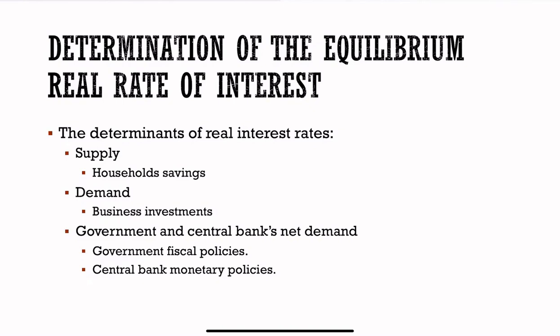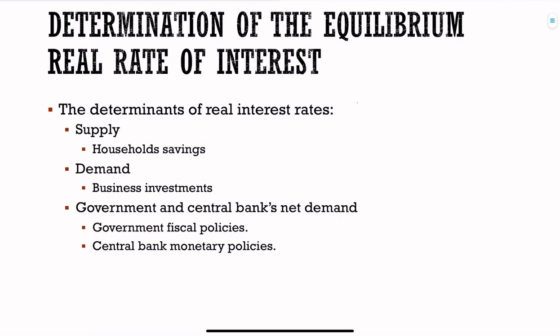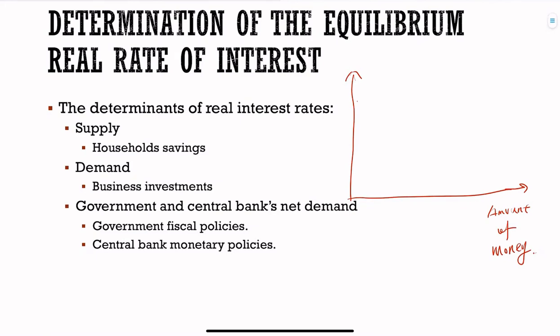So in this case, business demands money. If you draw out these supply demand curves, what you can see here is, so let's say this is called amount of money. Right? So amount of money. And then the vertical axis is really the price of money, but it's essentially real interest rate. So basically, real interest rate is like the price of money.